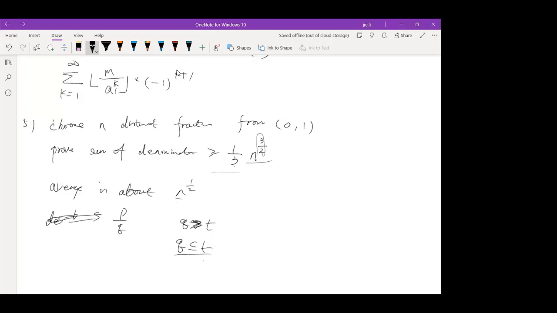At most T times T minus 1, right? Because starting from 2 you have 1 fraction, for 3 you have 2, etc. So this one is about T squared.